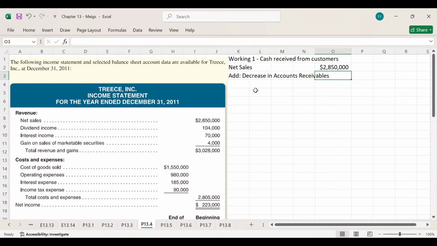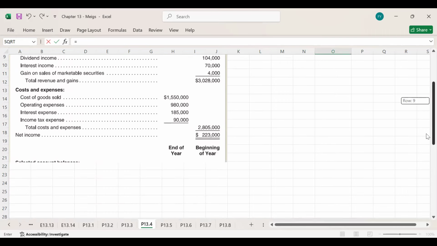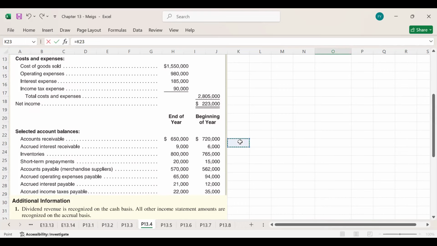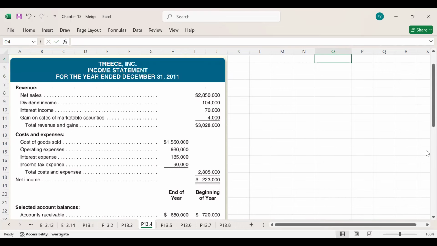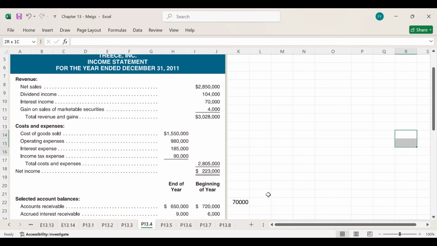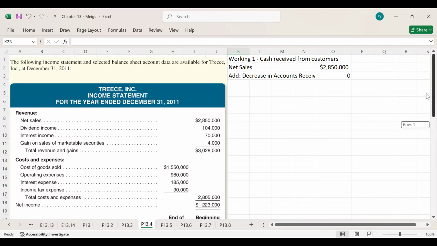And how much is the decrease? You can see that here we have 720 minus 650, so 70,000 decrease in accounts receivable.